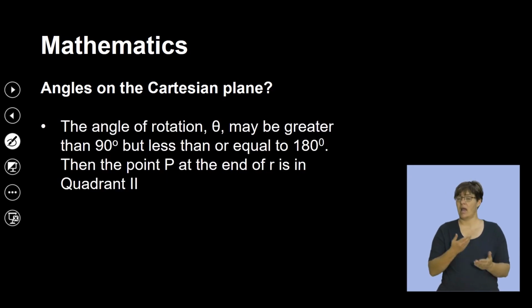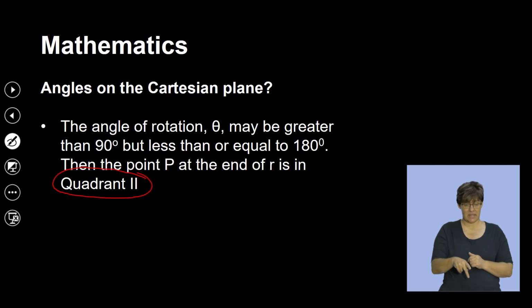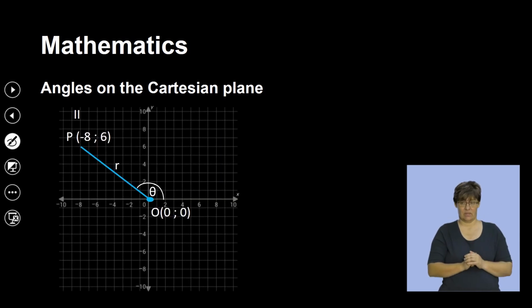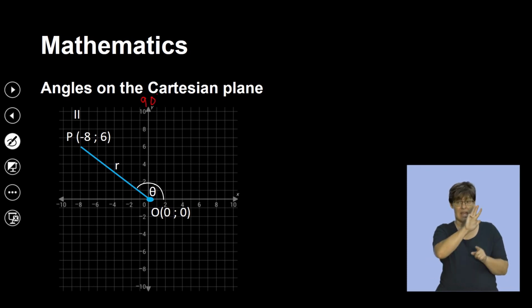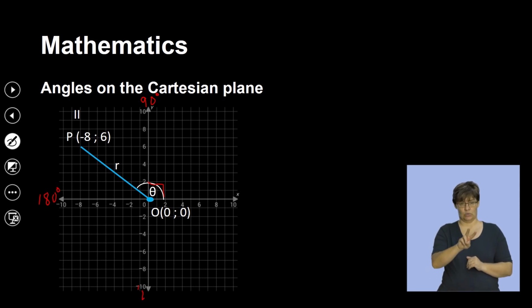Also, this angle might be greater than 90 degrees but less than or equal to 180 degrees. Therefore, the point P will be placed in quadrant 2. In quadrant 2, this point here is 90 degrees, because this makes a right angle there, and this will be my 180 degrees there, and this will then be my 270 degrees.